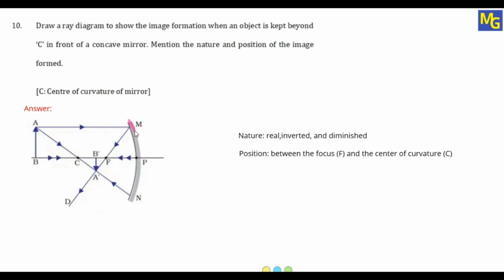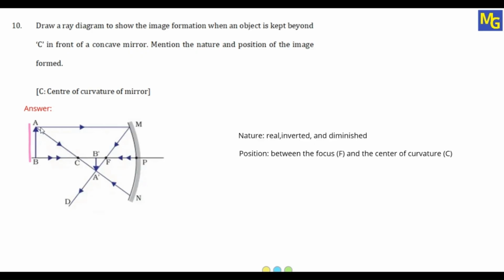You can see this is our concave mirror and the labels are M and N. We have to keep our object beyond C, meaning on the back side of C. Here you can see this is C, the center of curvature, this is F, the focus, and this is our pole. So I have kept the object, that is AB, beyond C.